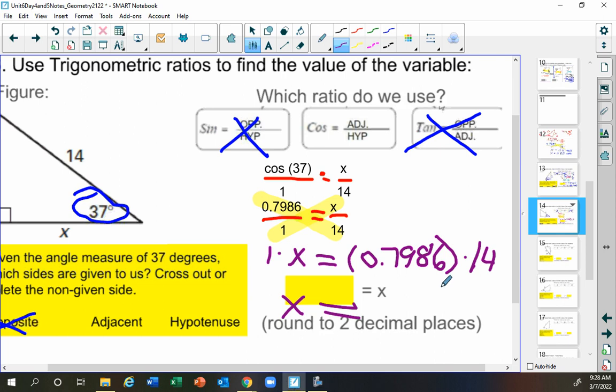What do we get? 11.1804. 11.1804? Yeah. Okay, that's fine. If you had just said 11.18, I'd be okay with that too, but I'm all right with this. This is actually a little more exact, so good job.